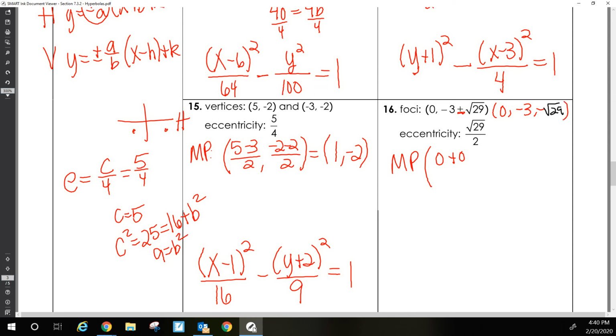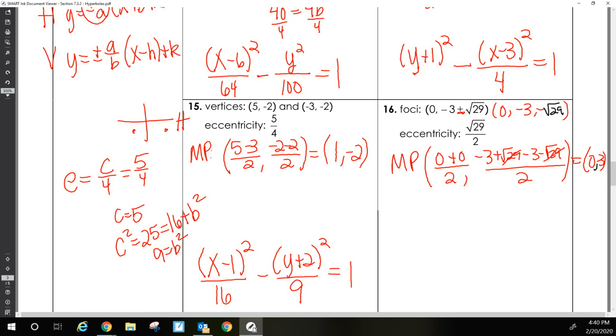I've got (0 plus 0) over 2, and (negative 3 plus square root 29) plus (negative 3 minus square root 29). What's that going to equal? Negative 3 minus 3 is negative 6. These guys cancel each other out. Negative 6 divided by 2 is negative 3. So we got (0, negative 3) for our center.